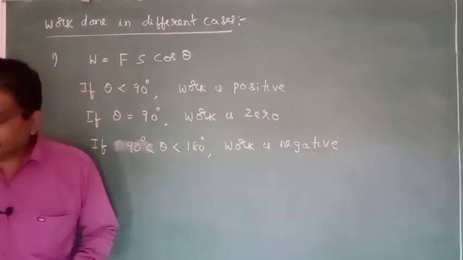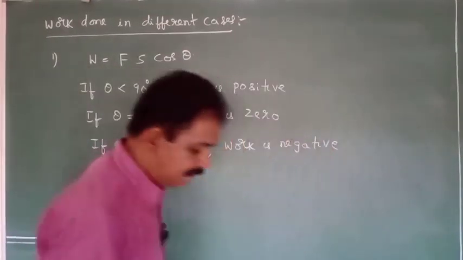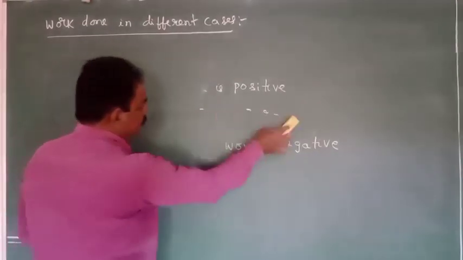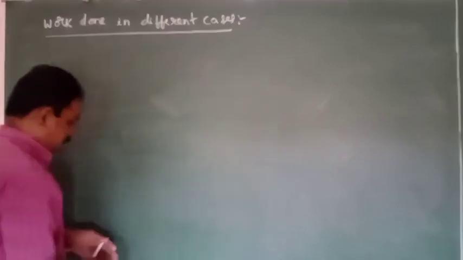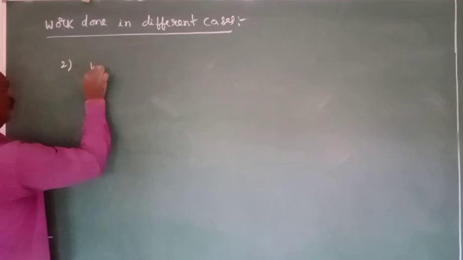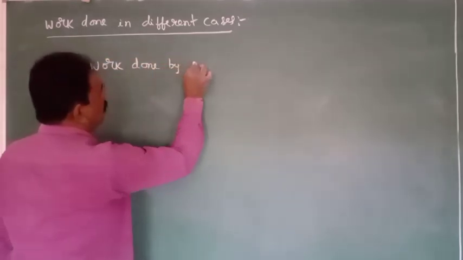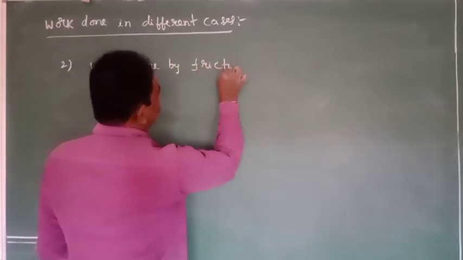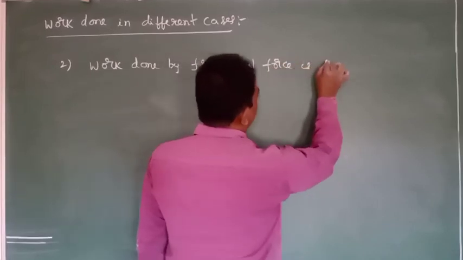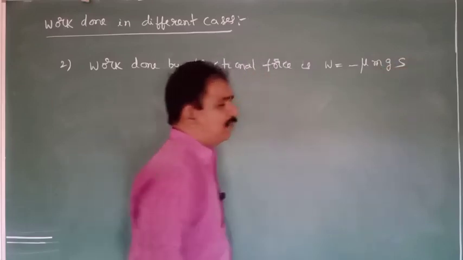Next, second one, work done by the frictional force. Calculate the work done by the frictional force. Work done by frictional force is W = -μmgs.